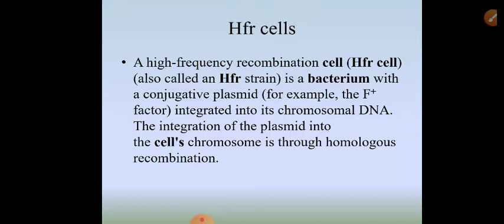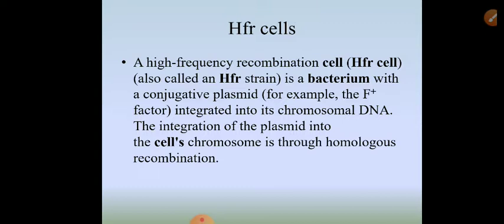Then how does recombination take place by the process of conjugation? There is another type of donor cell, called HFR cells, high frequency recombinant cells.